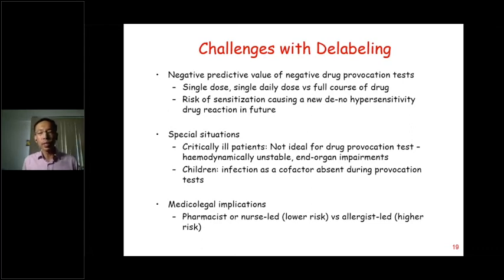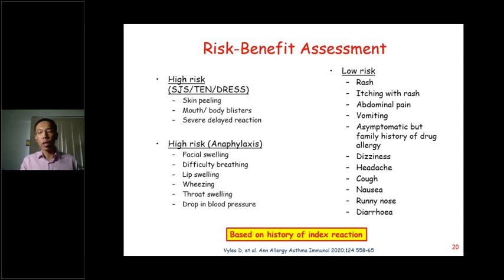So would it be safe for a pharmacist or a nurse-led program who assesses a slightly lower risk patient to delabel, or should all cases have to go through an allergist, meaning to say the allergist needs to see the patient, in particular the higher risk patients, before the delabeling can occur? So there are a lot of all these factors which do need to be considered before we start any delabeling program or before we even delabel a patient who has been labeled with a possibly untrue drug allergy label.